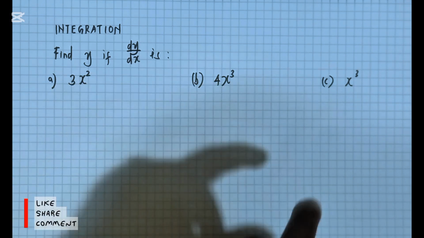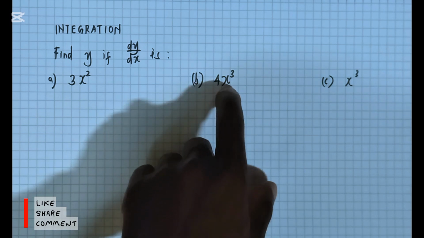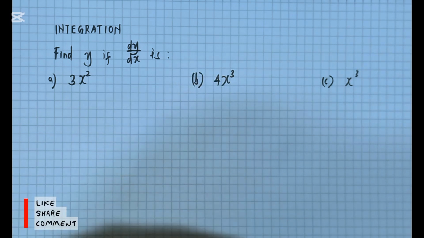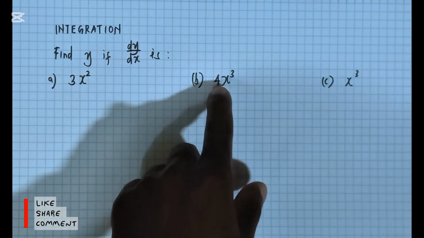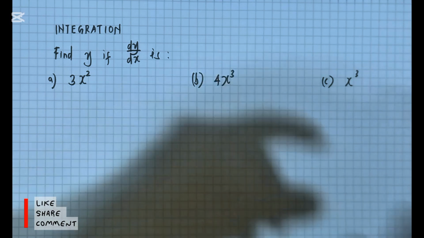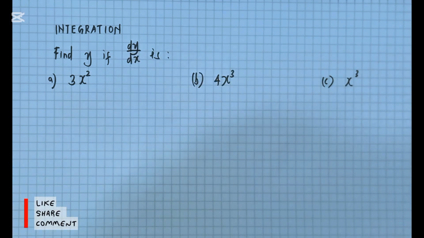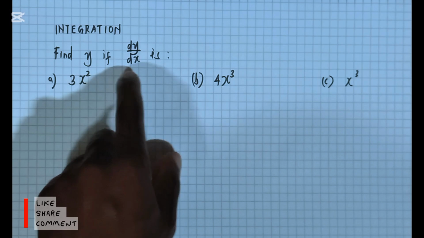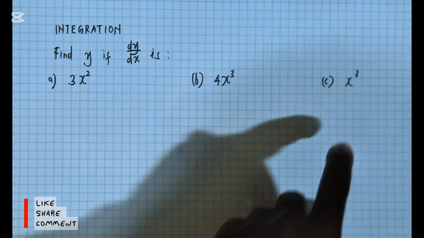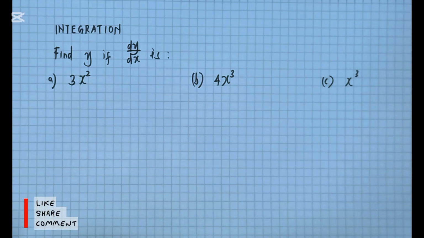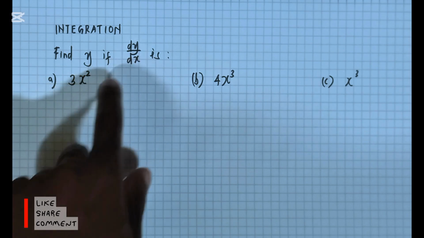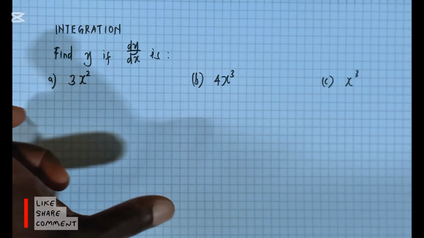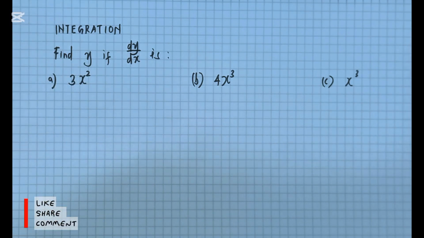For the second, dy/dx is equal to 4x cubed. And for the third function, the derived function dy/dx is equal to x cubed. We are supposed to perform integration on these derived functions and find the original function, that is the value of y. Basically, it's the reverse process of differentiation.